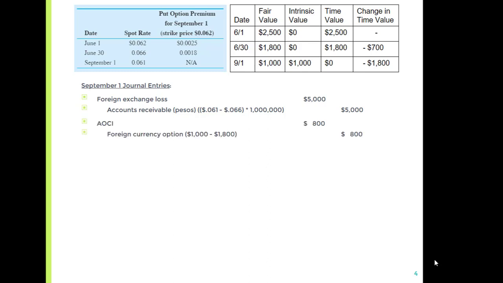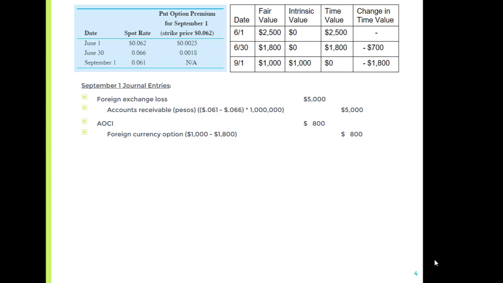With the foreign currency option, there is no longer a time value at September 1st because now the option is on its expiration date. So the measure of value for the option now is intrinsic value because the option is now in the money because the strike price is above the spot rate.